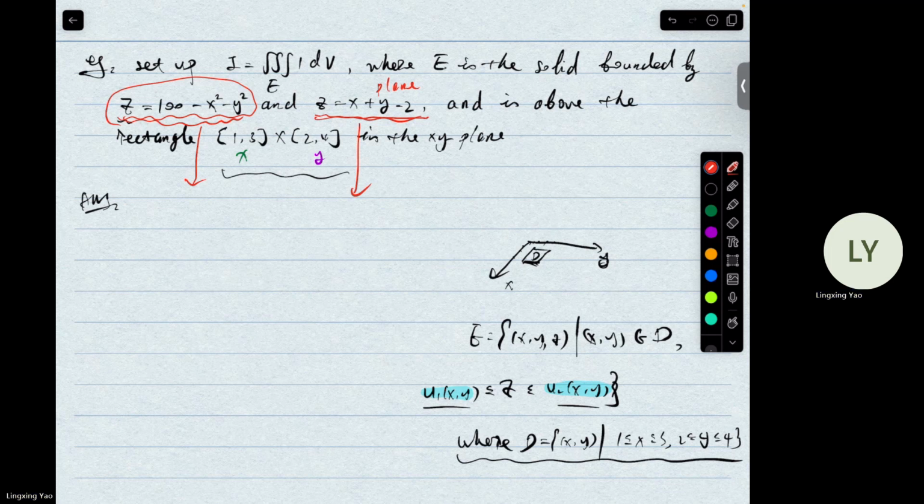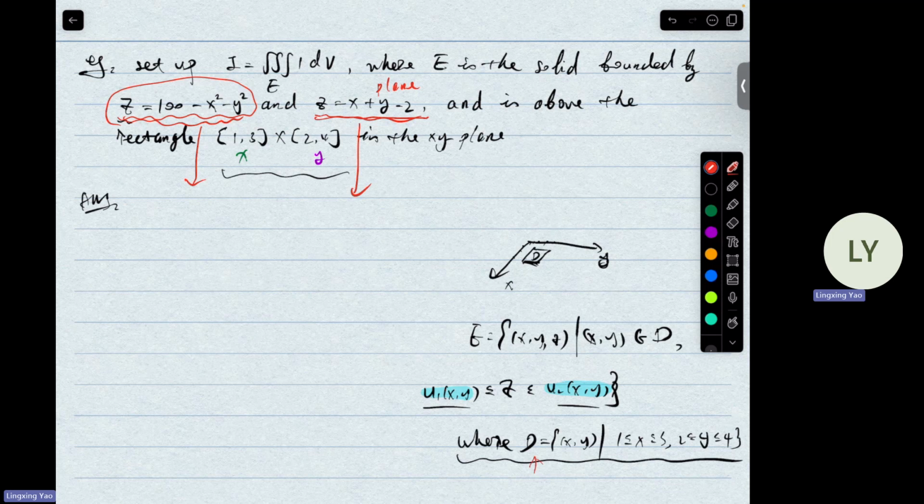And how do we get the sense of which one is on top, which one is below? We can pick a point (x, y) that is in D, to actually see which z is giving us a larger value, which one is smaller.